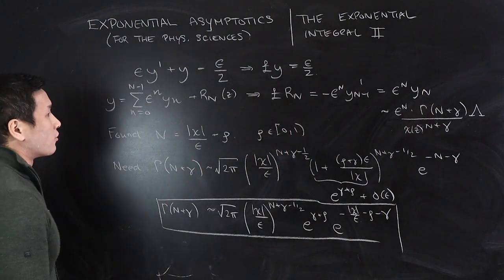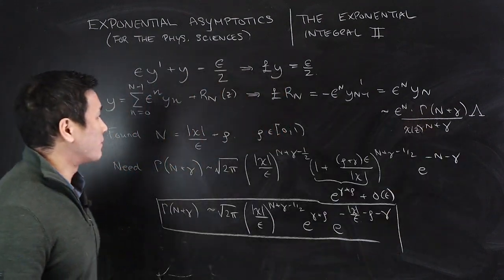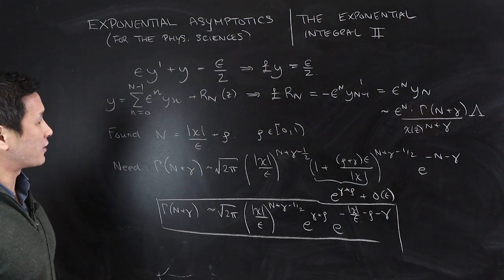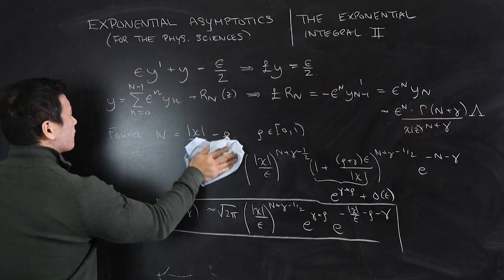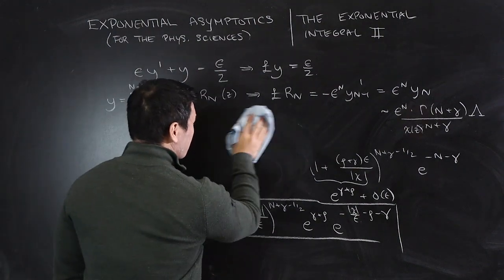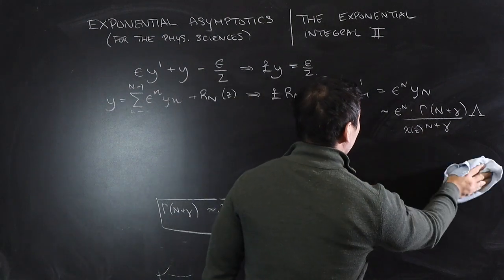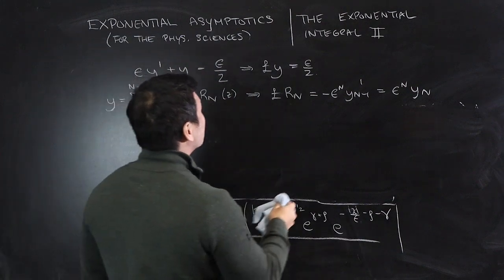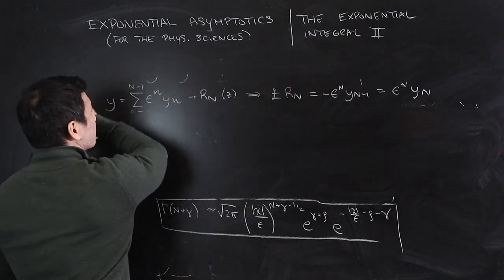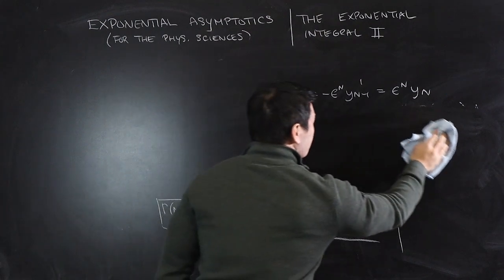Okay, so now we're about to put this into that, but we have to make a series of simplifications for the remainder term. Now, just so you remember what the end game is, I'll erase this one here, and I'll just erase that one there, and I'll just keep that remainder.